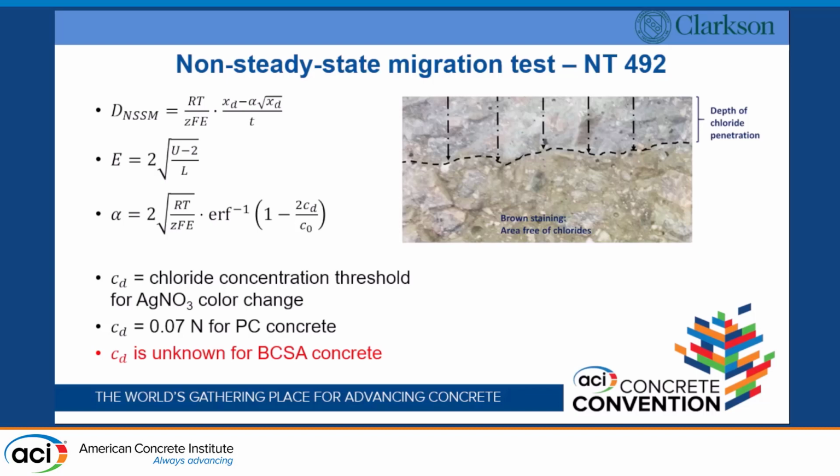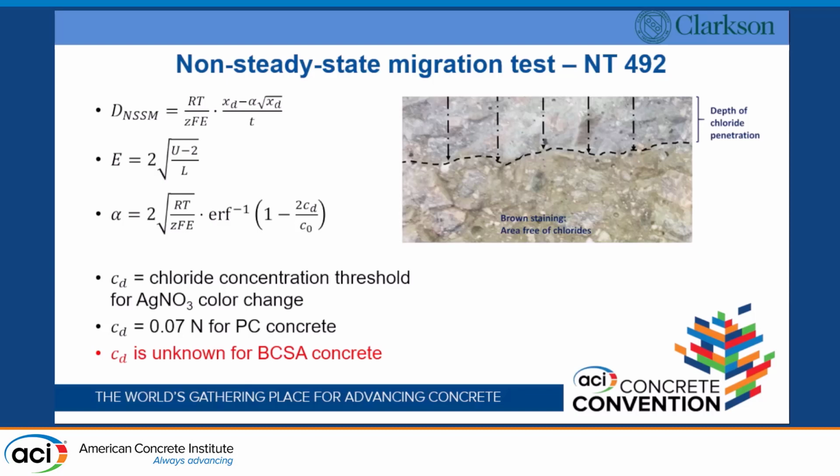We stain it with silver nitrate, and we measure the depth of chloride penetration based on where that color change boundary is. And we know that for Portland cement type materials, C sub D is 0.07 normality. That's when we think the silver nitrate is going to change color in terms of chloride concentration.